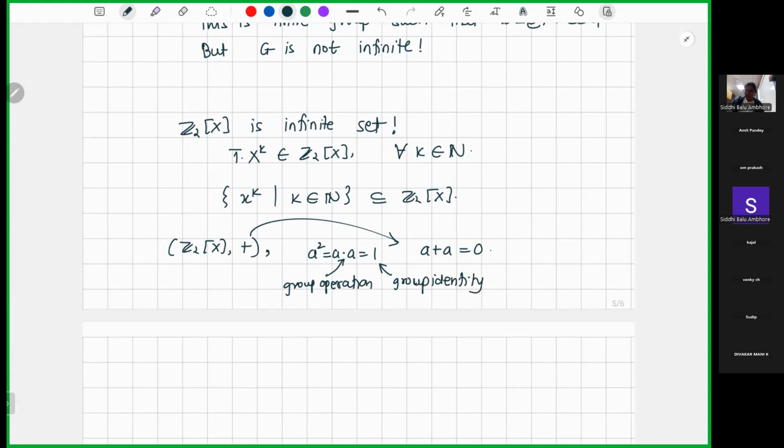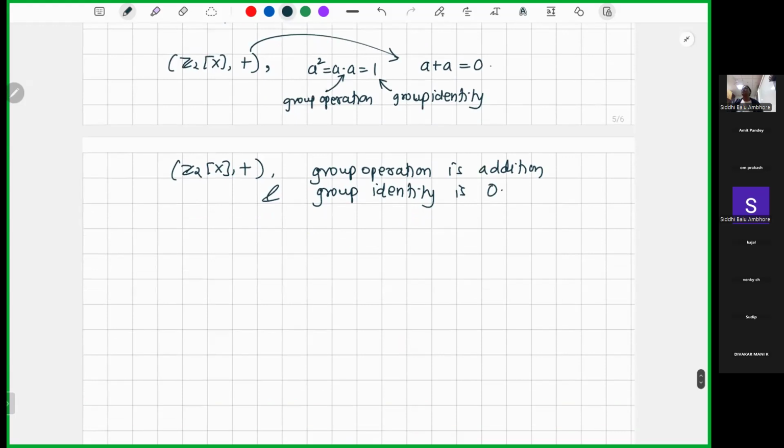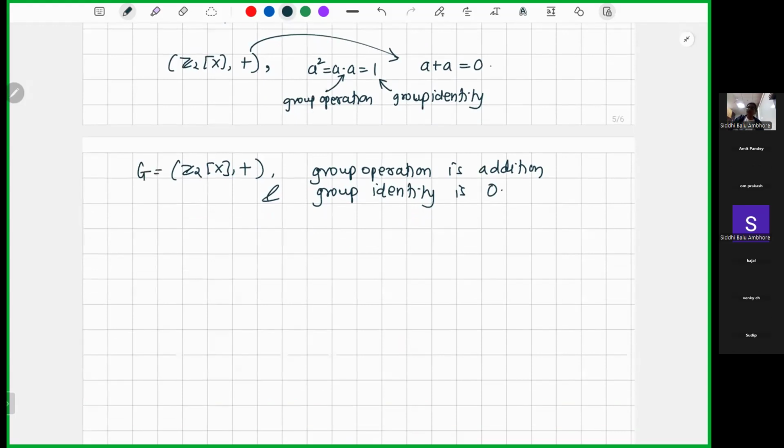In Z2[x] with plus, the group operation is addition and the group identity is 0. So when I have to check this a square is equal to 1 in this group G, I have to check whether a plus a is equal to 0 bar or not. That 0 is the identity of my group. Is this okay?